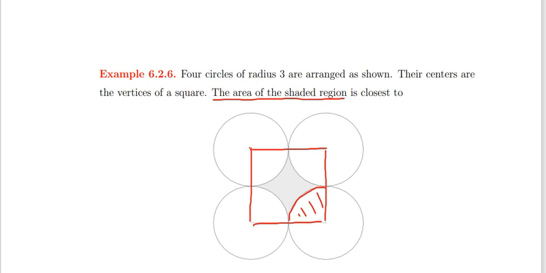The circle has radius 3, so this is 3 and this is 3. The square is 6 times 6, minus one circle, pi r squared with r equals 3.